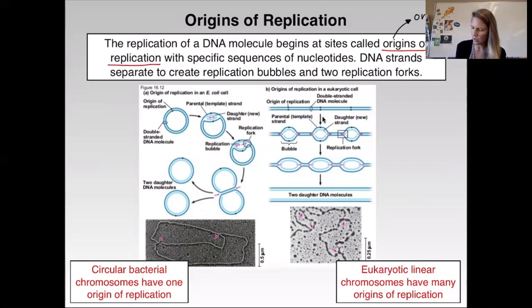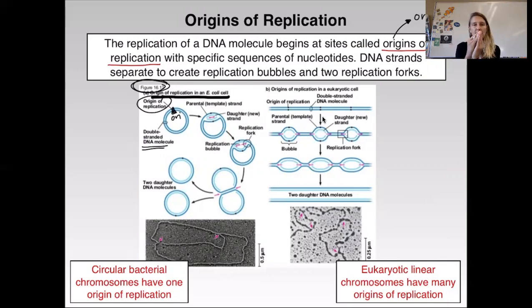Let's look over here at figure 16.12 first. Here we're talking about the origin of an E. coli cell. E. coli is bacteria, and remember, they have a double-stranded circular piece of DNA. They have a single origin of replication, a single ORI in prokaryotic cells.